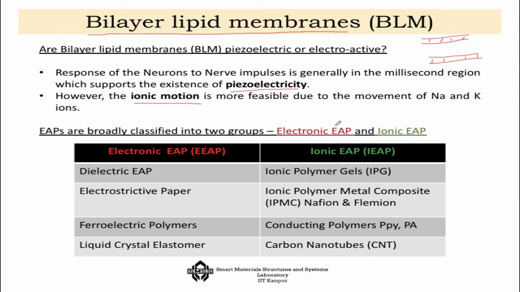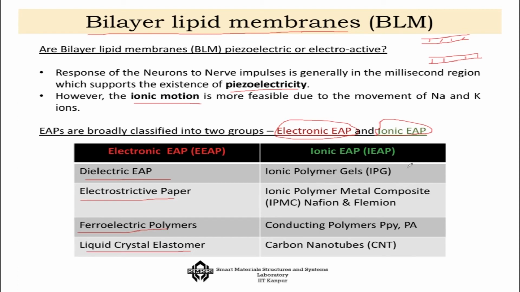I have already told you about the characteristics of electronic EAPs and ionic EAPs when we discussed these kinds of things in terms of active muscles. So electronic EAPs, like dielectric EAPs, electrostrictive polymers, ferroelectric polymers, or liquid crystal elastomers, are capable of these kinds of motions, but it is slightly slower.